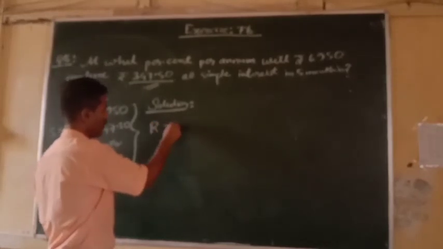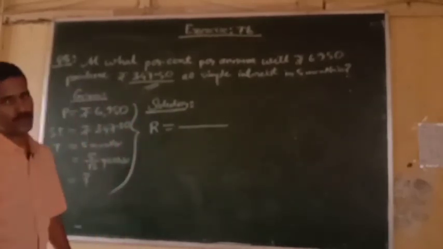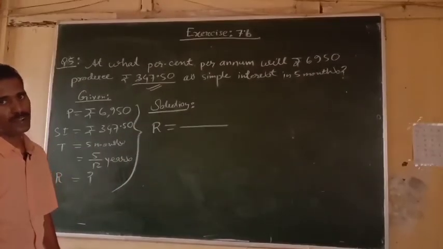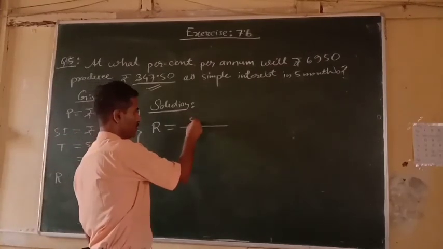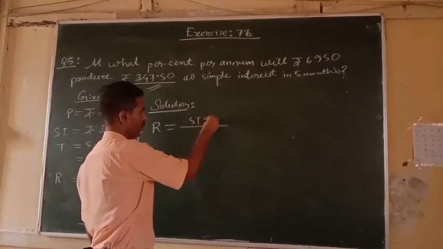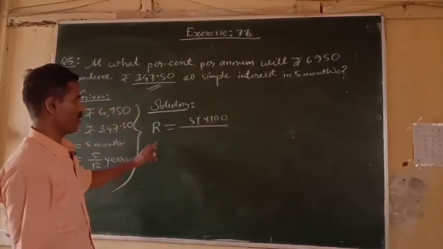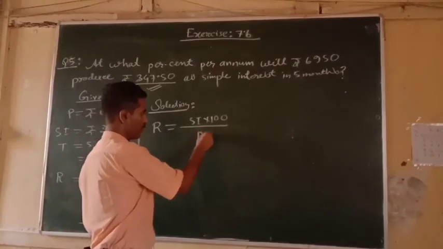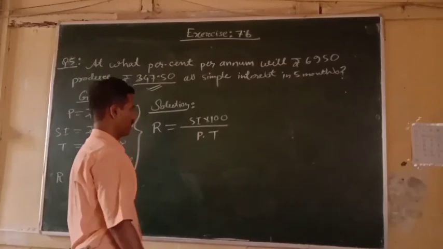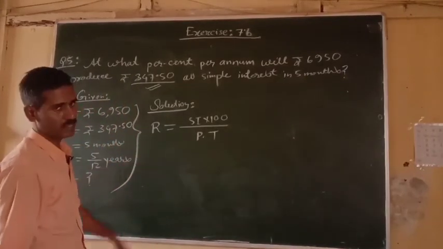We know PRT divided by 100 equals I, or PRT equals 100 into I. So R equals simple interest into 100. Since you have to find R, P and T will go below. This is the formula to find the rate of interest.